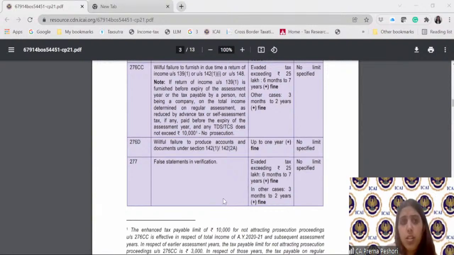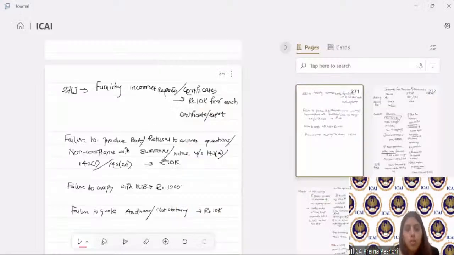We just did it some time back, right? That there is also a penalty in case the assessee does not give the books of accounts, does not comply with the notice under 142(1) or 142(2A), then in that case, there can be a prosecution also. So here you can just write it down, plus prosecution of 1 year.